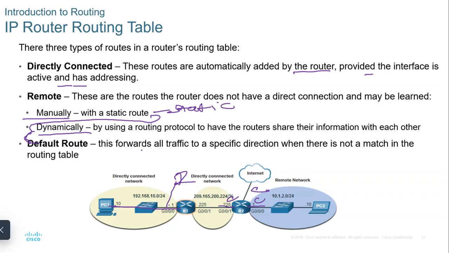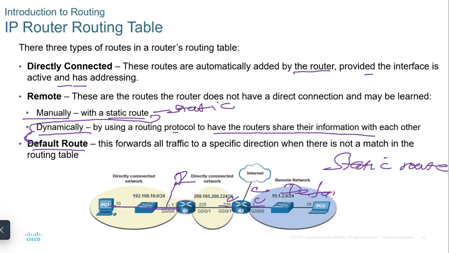So with dynamic, by using routing protocols to have the routers share their information with others automatically. But when it comes to default route, it's also one way of the static route. So like I said, we have static, and then we have default static route.